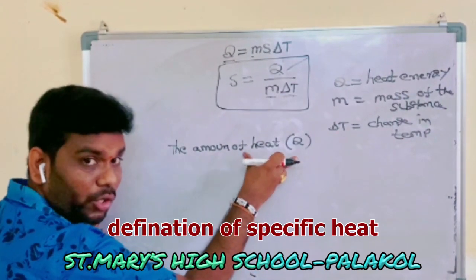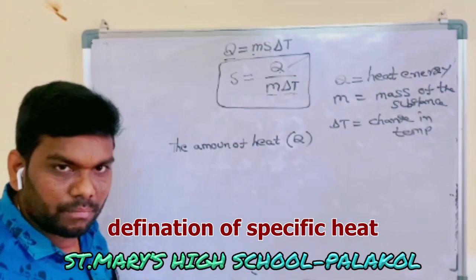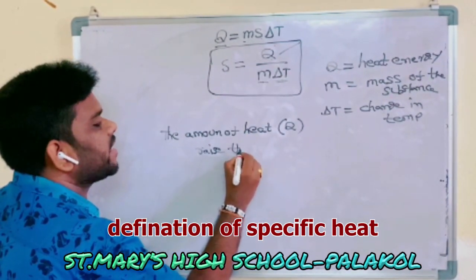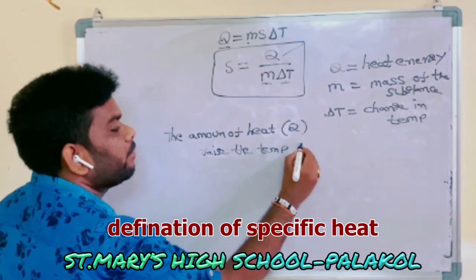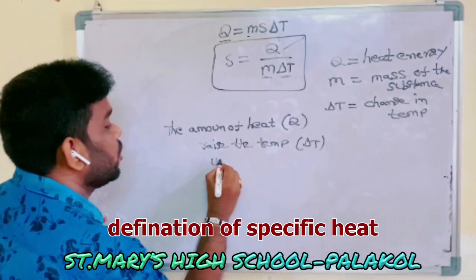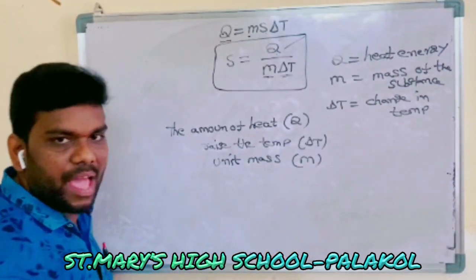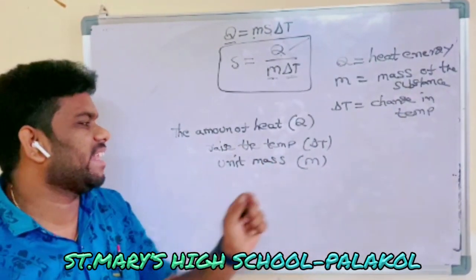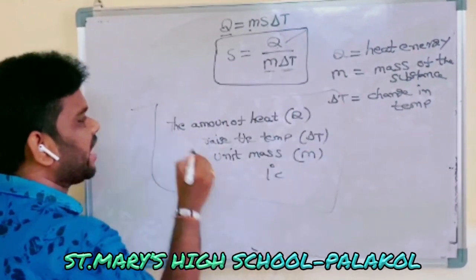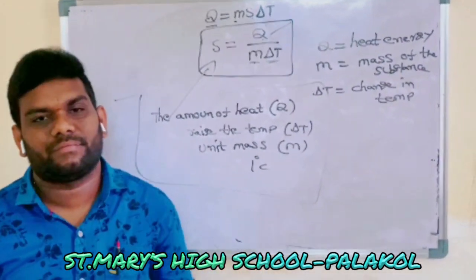The amount of heat Q required to raise the temperature, delta T, of unit mass of a substance, M, by 1 degree Celsius. That heat energy required is called specific heat.